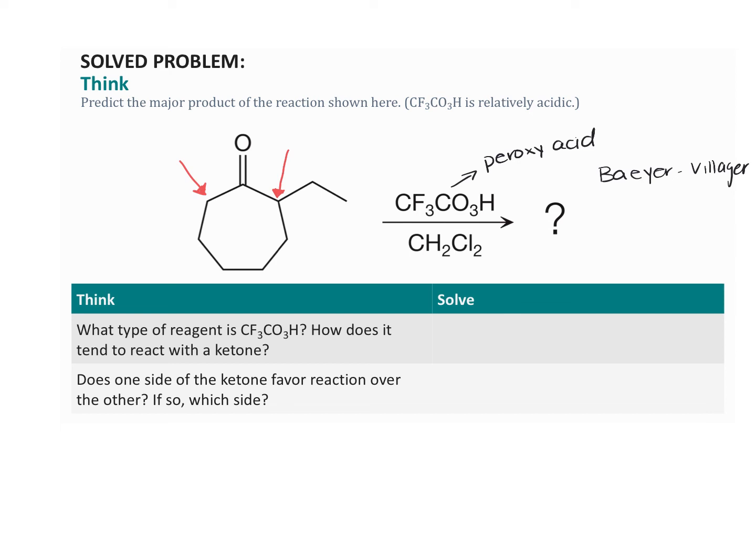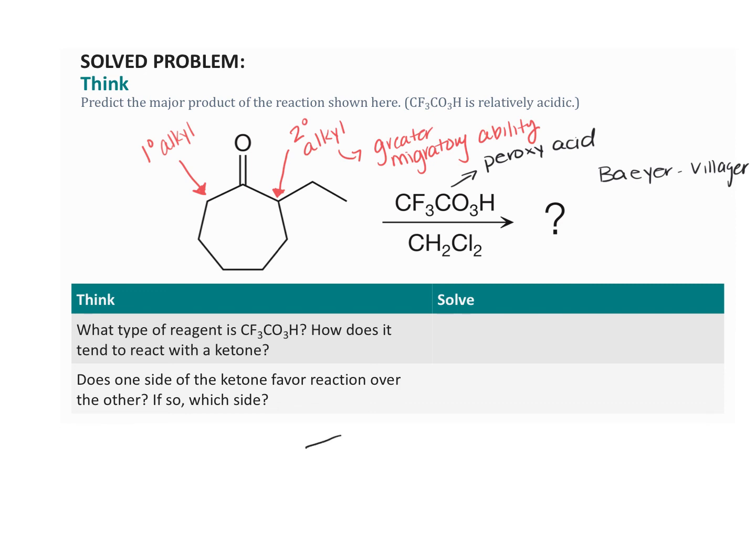This is not symmetric, so the question is, which one is it going to be? In this case, that carbonyl carbon is bonded to a primary alkyl group and a secondary alkyl group. The secondary alkyl group right here has greater migratory ability, so it is more likely to move and the oxygen be inserted there.